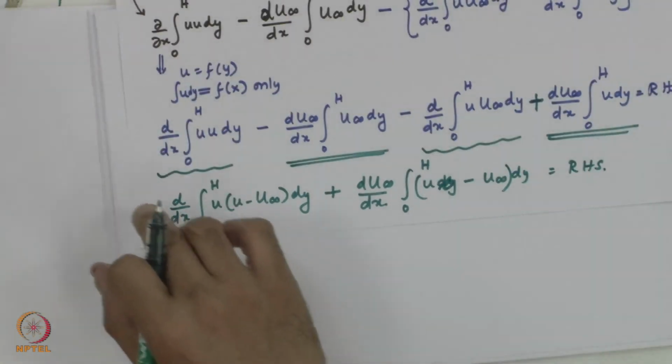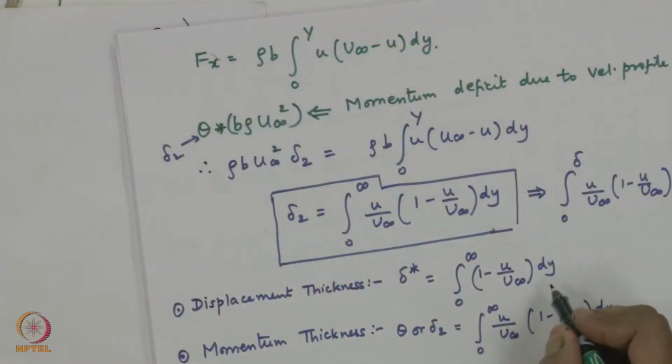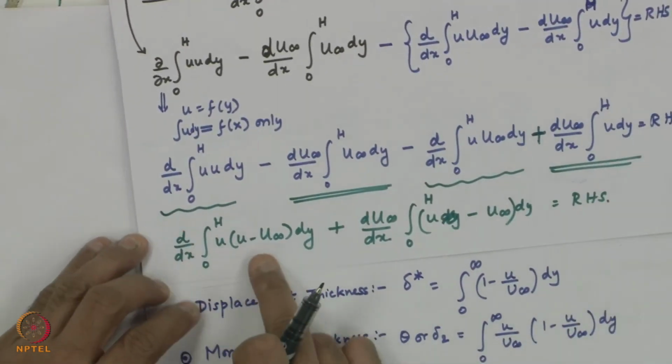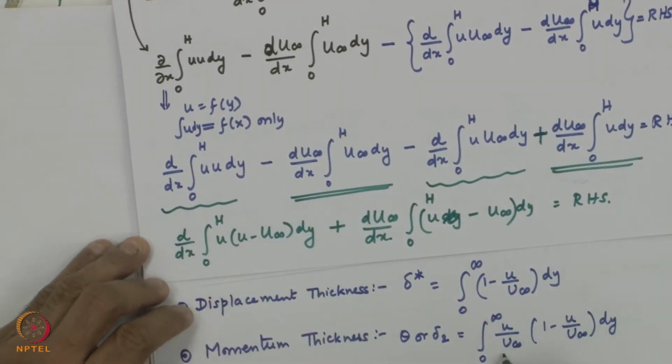Okay. So, we are almost done with the integral equation. I will now multiply and divide by quantities such that I go back to my definition of momentum and displacement thickness. I have momentum and displacement thickness given like this. So, in this expression I have u minus u infinity, so I want to get this.